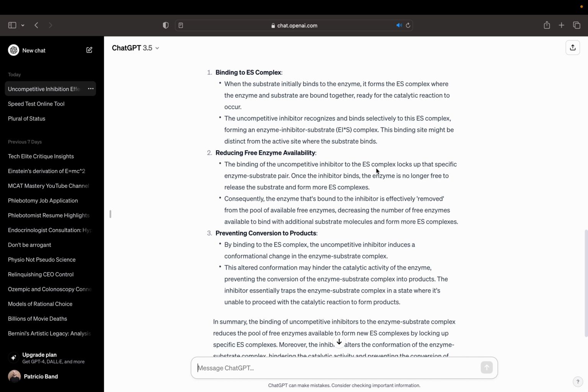The binding locks up that specific enzyme substrate pair. Once the inhibitor binds, the enzyme is no longer free to release the substrate and form more ES complexes. Consequently, the enzyme bound to the inhibitor is effectively removed from the pool of available free enzymes, decreasing the number of free enzymes available to bind additional substrate molecules.